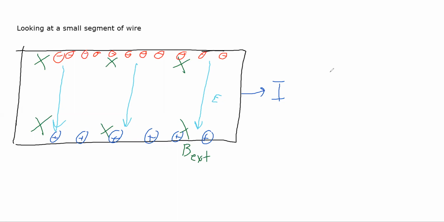Okay, so what we start to see here is a buildup of charge. That buildup of charge then creates a voltage, right? So this buildup of charge begins to create electric field, which gives us a voltage.